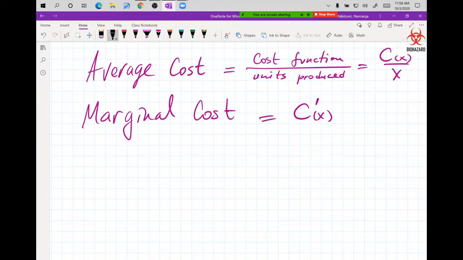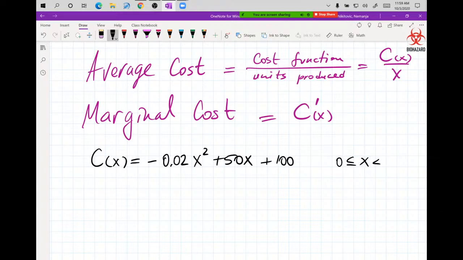So the cost function is something that mathematicians or people who do economics, who are very good with mathematics, come up with. It has a variable cost and a fixed cost. I don't want to go into the details; most of you are not business majors, so maybe it's worthwhile saying.